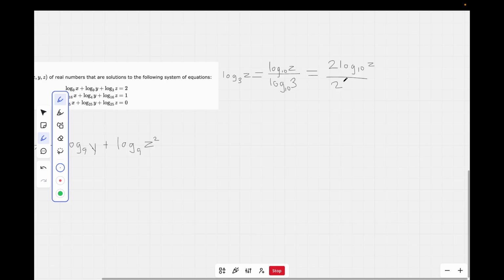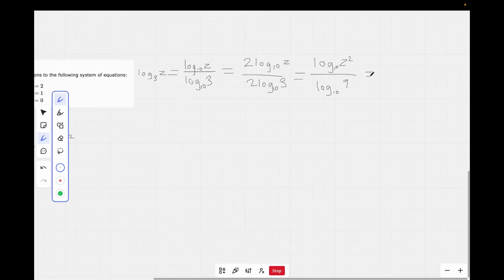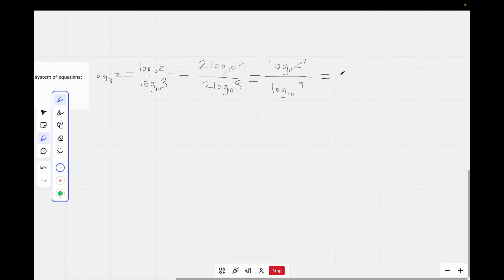And 2 log 10 of 3. And this is equal to log 10 of z squared divided by log 10 of 9, using basic logarithmic properties. Okay, and now we can just apply the change of base formula to get that this is equal to log 9 of z squared.